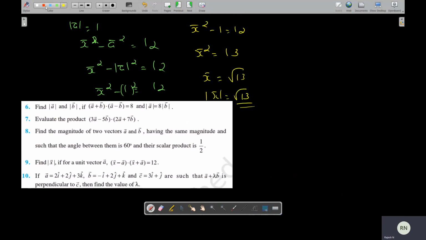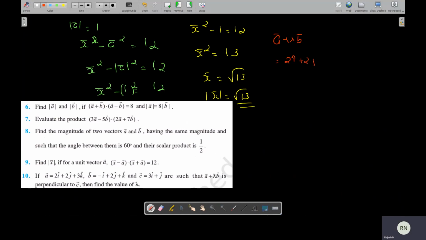Next. If a bar is equal to 2 i cap plus 2 j cap plus 3 k cap, b bar is equal to minus i cap plus 2 j cap plus k cap, c bar is equal to 3 i cap plus j cap, such that a bar plus lambda b bar. So what is a bar plus lambda b bar?